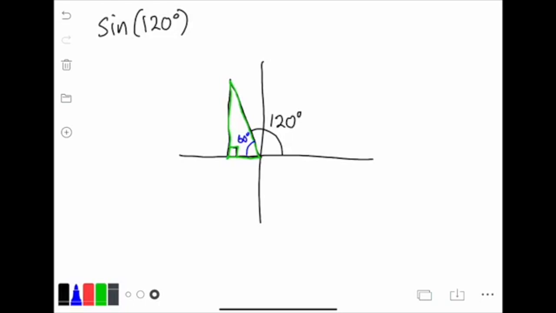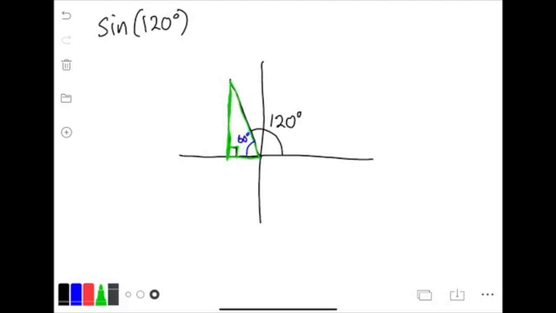Now, notice here that the opposite side is above the x-axis. Therefore, we can say that this here has a positive side. And the hypotenuse is always going to be positive.